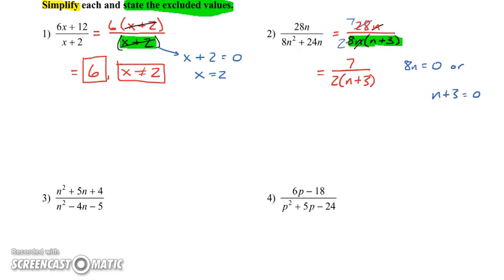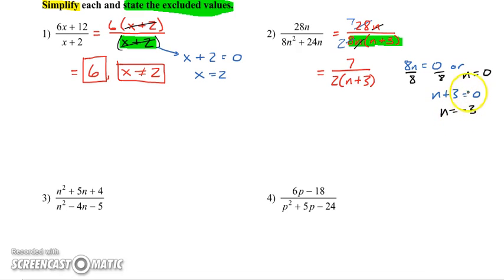And I think that each of these equations is easy to solve for n. This one I could just divide both sides by 8, and I get n is 0. You know, 0 divided by 8 is still 0. For this equation, I could solve for n by subtracting 3 from each side.